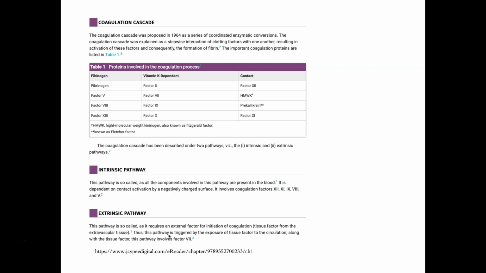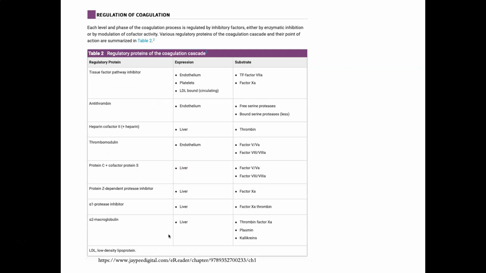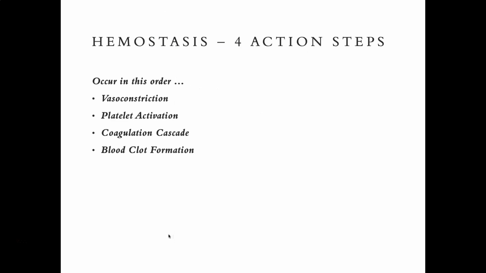You'll hear about different factors, and you'll also hear about how these proteins of the coagulation cascade may be expressed or how they may be involved, and the factors that they impact. But only if you get heavily into talking about blood and that sort of thing.